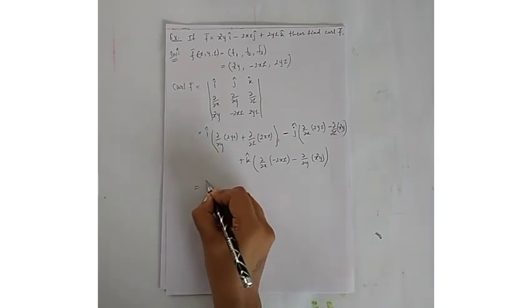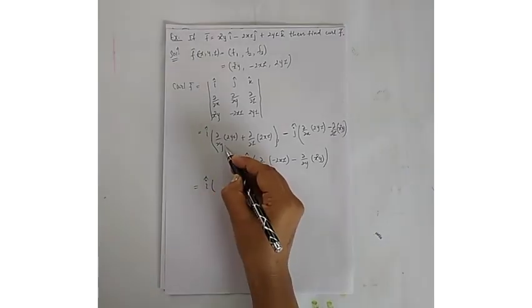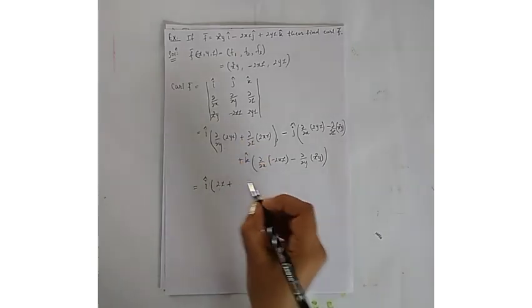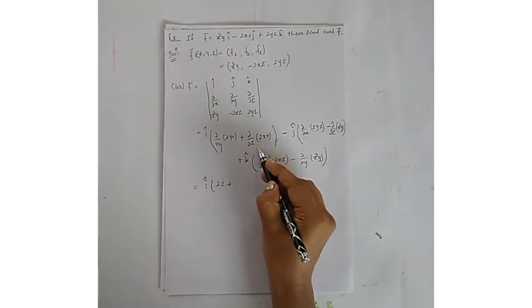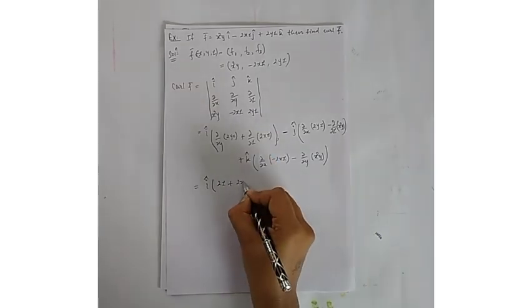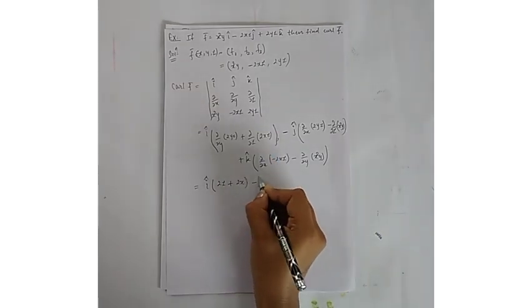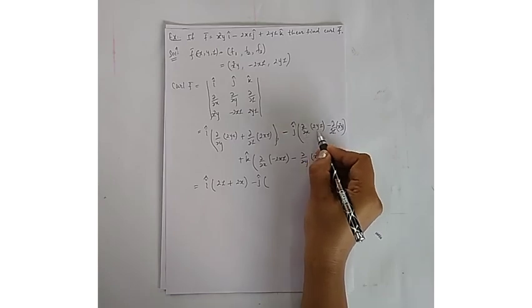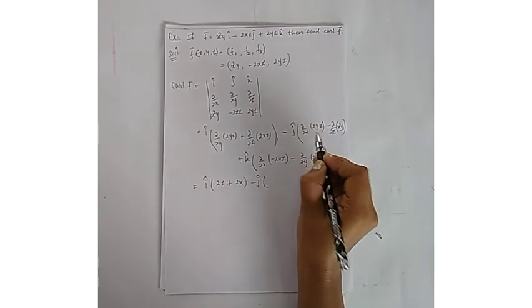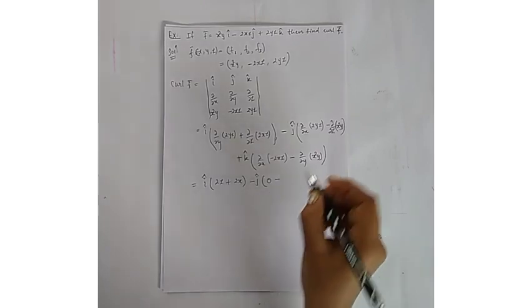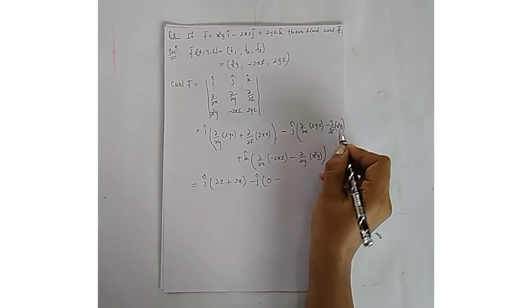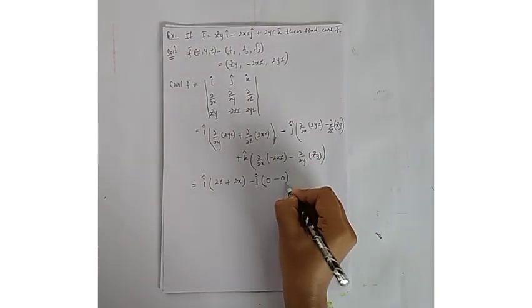Next, for i, taking the partial derivative with respect to y will give 2z, plus here taking the partial derivative with respect to z will give 2x. So minus j, here taking the partial derivative with respect to x, there is no x, so the derivative is 0, minus taking the partial derivative with respect to z, there is no z, so the derivative is 0.